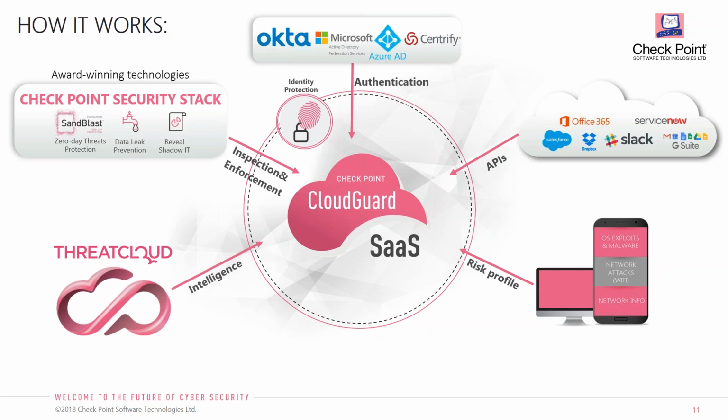And then, as we said, bringing all of that together, we can bring in Check Point's intelligence from Threat Cloud, and we can also bring in the Check Point security stack. So our ability to do zero-day protection, our ability to prevent data loss, and again, understand whether there is shadow IT in the business.